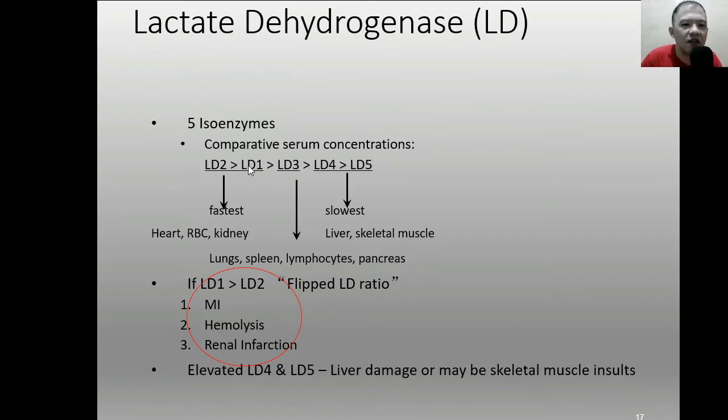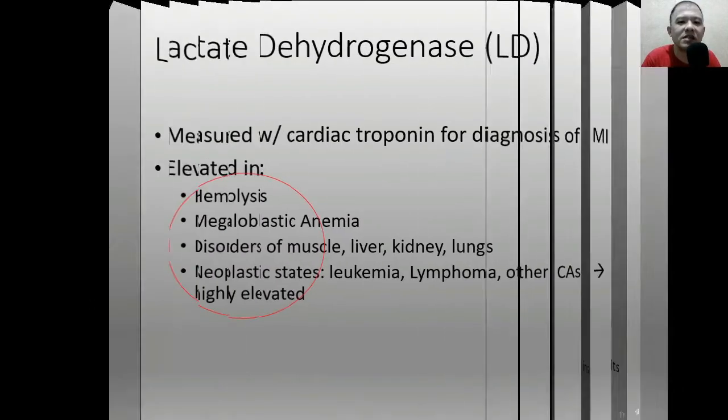For example, if LD1 is greater than LD2, consider the following: myocardial infarction, hemolysis, and third is renal infarction. If LD4 and LD5 are elevated, that means there may be damage in the liver and the skeletal muscles.